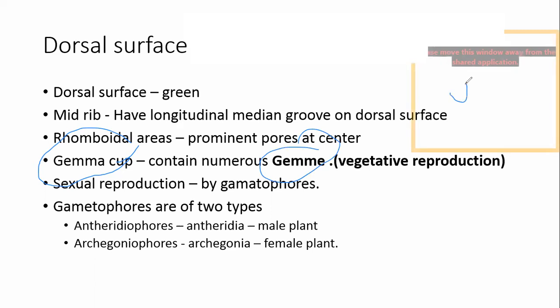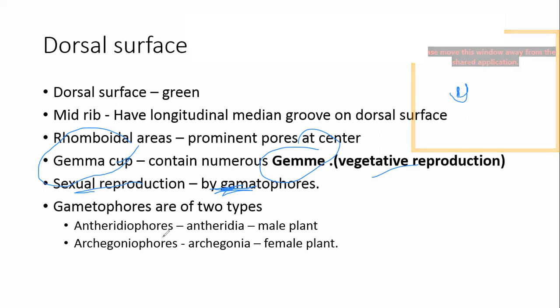Inside these gemma cups, they have the vegetative reproductive bodies called gemmae, which help in vegetative reproduction. And in the midrib, they also develop the sexual reproductive organs called gametophores.